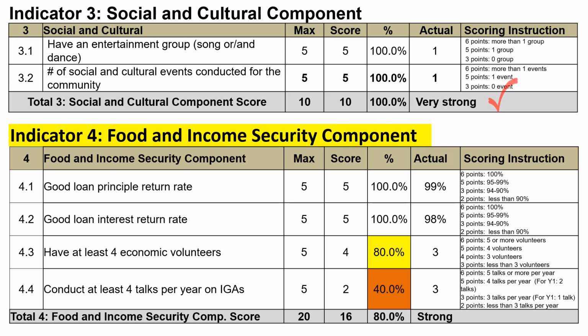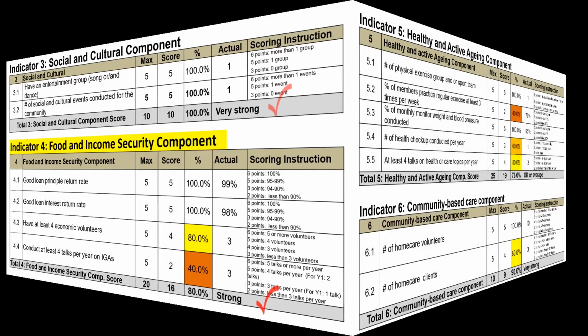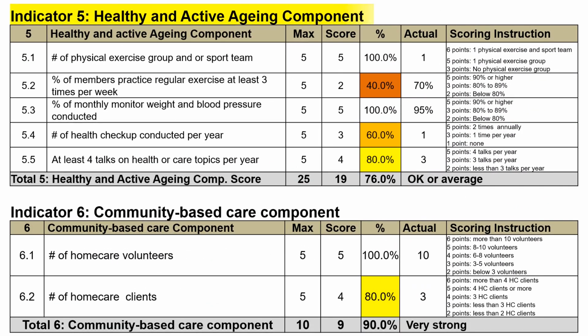Indicator 4 is the food and income security component, which has a total score of 16 out of 20, which is considered strong. Indicator 5 is the healthy and active aging component, which has a score of 19 out of 25 and is considered okay or average.